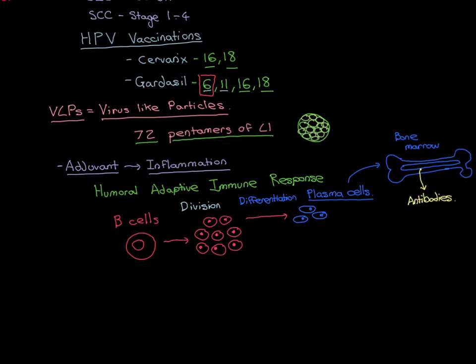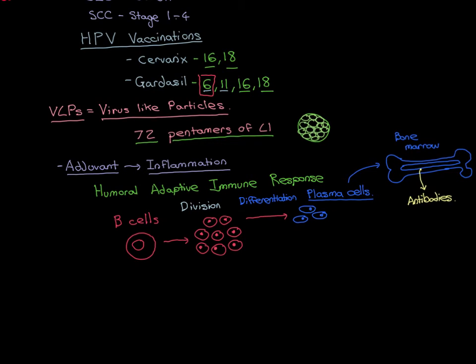Then they start differentiating, and a lot of them become plasma cells, which are the production versions of B cells. They start chucking out antibodies, and they go and hang out in the bone marrow, and from the bone marrow they chuck antibodies into the bloodstream, and these are going to be able to bind to L1 proteins of HPV6.